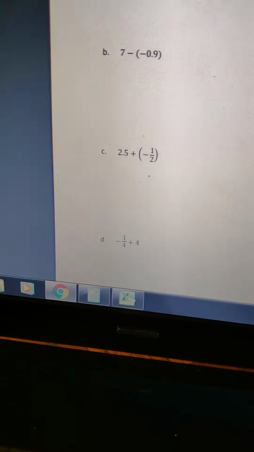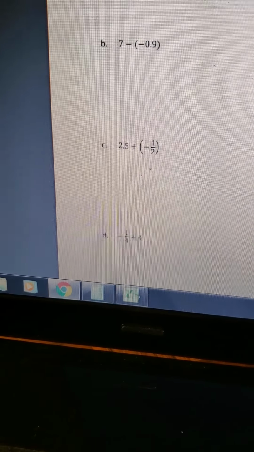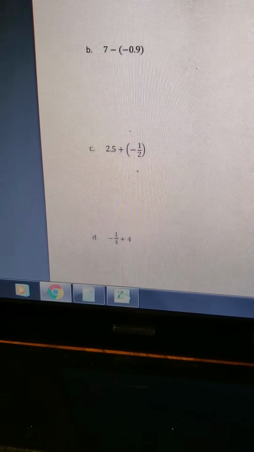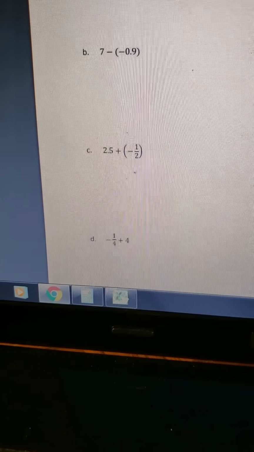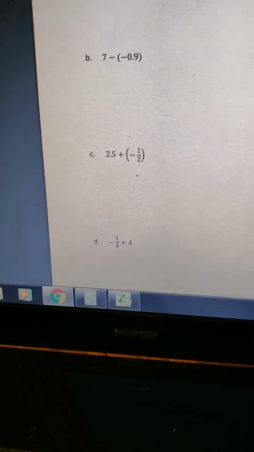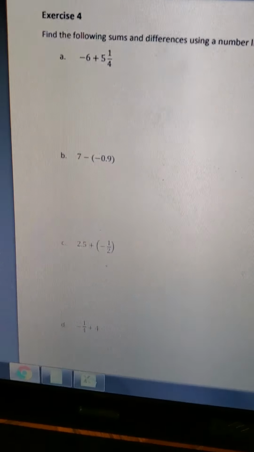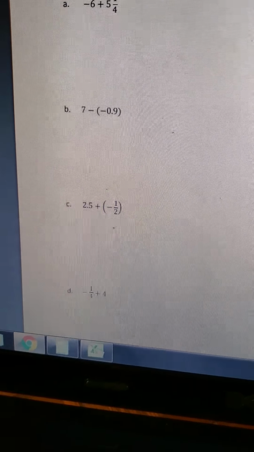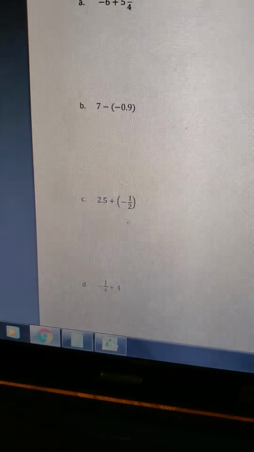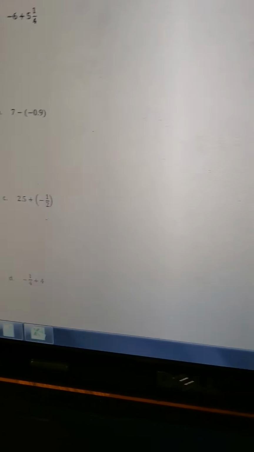Okay, so for this problem, we have 2.5 plus a negative half. So for this one, we probably are going to have to change negative 1/2 into a decimal. So for this, I will speed you through the process. You have 1 over 2, so that basically means you divide the denominator of 2 into 1, and that's basically how you would create a decimal.